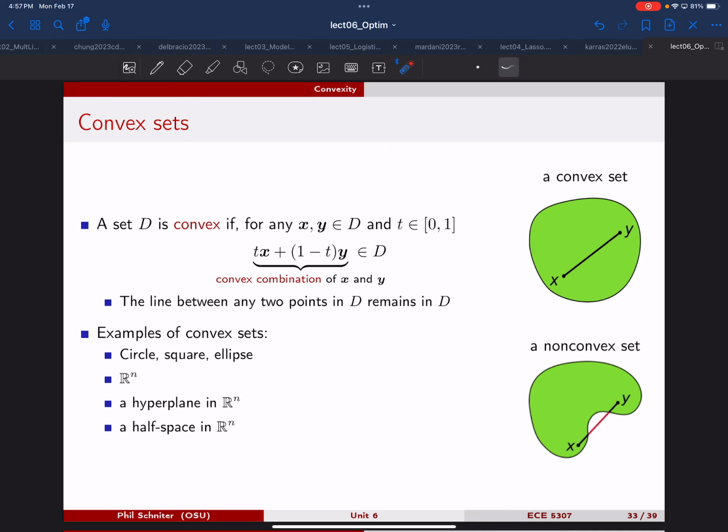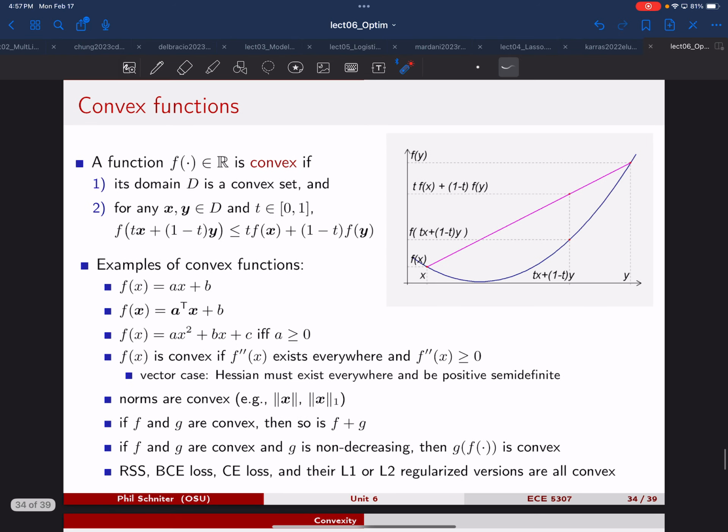Okay, so those are convex sets. Now convex functions. A function is convex, first of all, if its domain is a convex set, so that's why we had to talk about that.